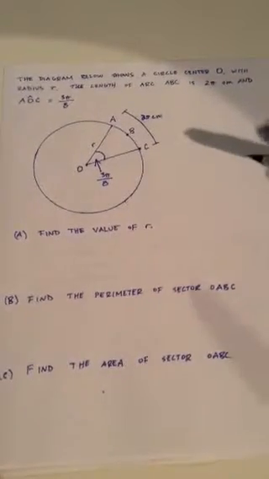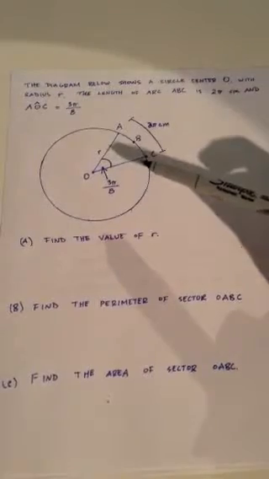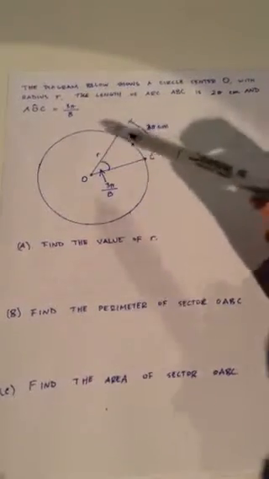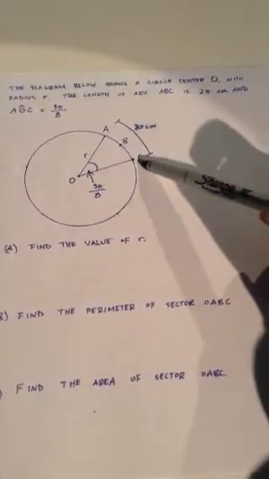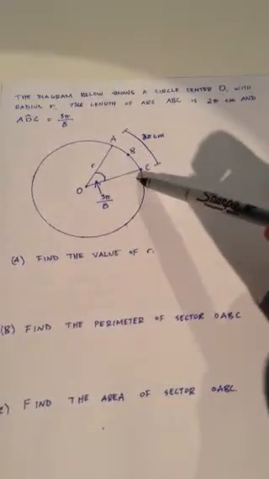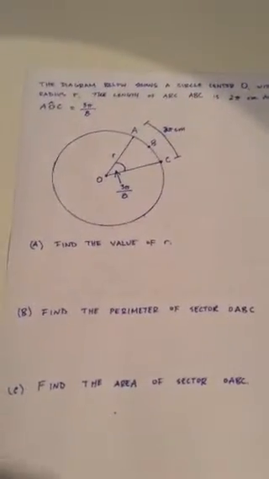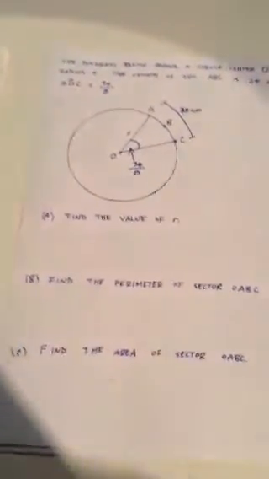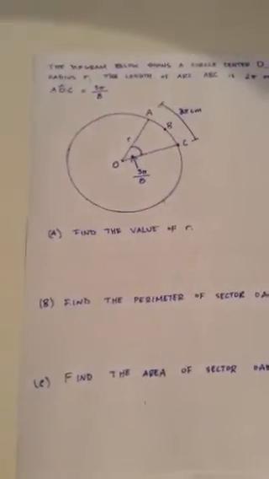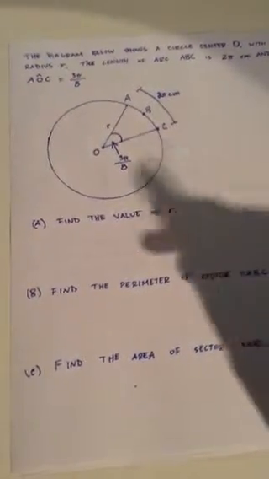Okay, the diagram below shows a circle with center O with radius r, and the length of arc ABC right here is 2 pi centimeters, and angle AOC equals 3 pi over 8. And it says find the value of r. So to find the value of r, you would pretty much use the equation, but you'd kind of go backwards.